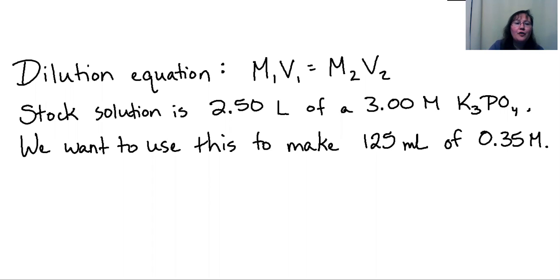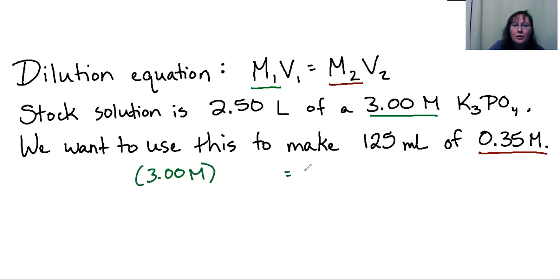Well, what we're going to do is set up our dilution equation. Our M1 is our initial molarity. Our M2 is our final molarity. Our V2 is our final volume.